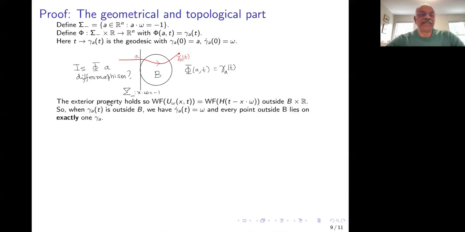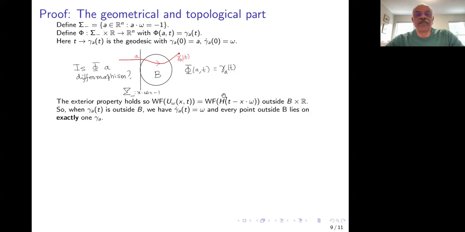So now, because of the exterior property, u omega is equal to the Heaviside function outside the ball, which means their wave fronts will be the same. Now, wave fronts are in the cotangent bundle. And so when you do the identification with the tangent bundle, it's equivalent to saying that once these geodesics gamma A are outside the ball, the velocity is omega.